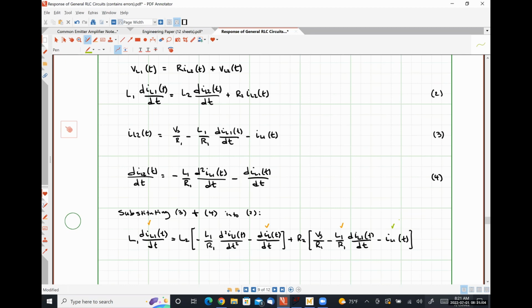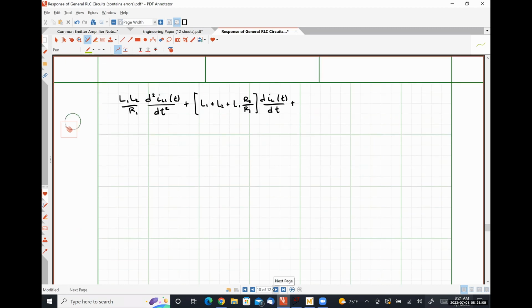Well, that term is multiplied by a factor of R2. When we move it to the left-hand side of the equal sign, that's just going to look like plus R2 times IL1 of t.